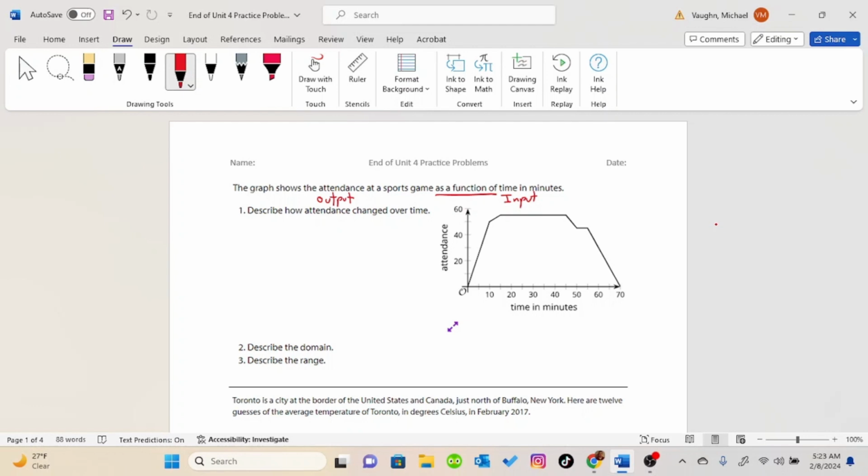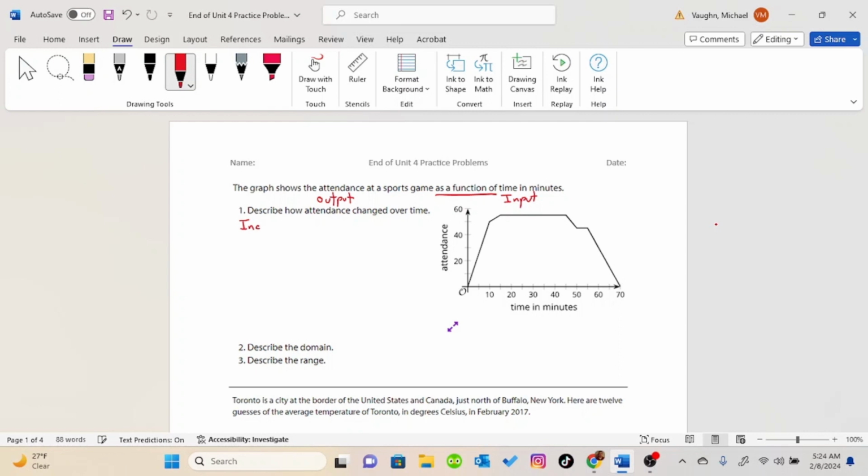Well, if we look at the graph, we see this steep line, this very vertical line to start with. This indicates a rapid change or a fast change. So it looks like attendance increased quickly for 10 seconds.